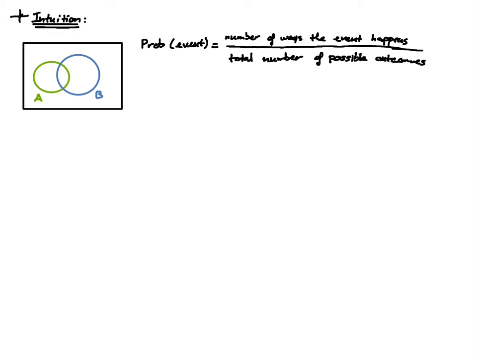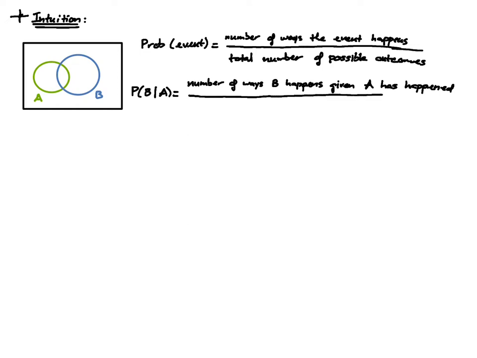So we're interested in the probability of B given A. If you apply this formula to this context, this is just going to be the number of ways B happens given A has happened, divided by the total number of possible outcomes.